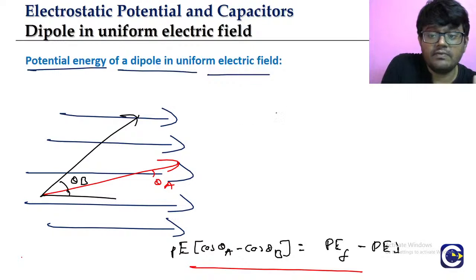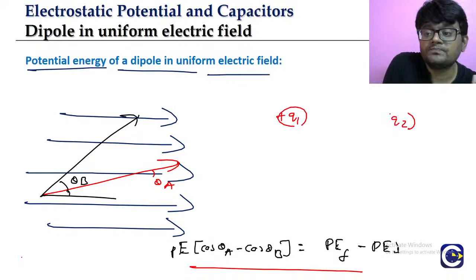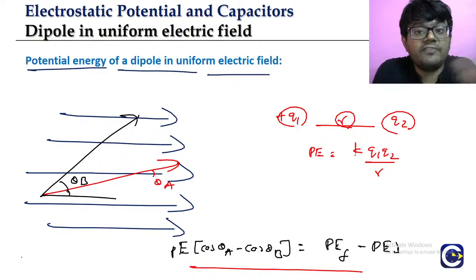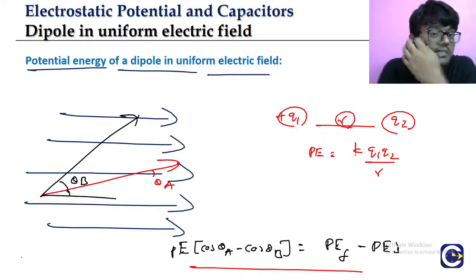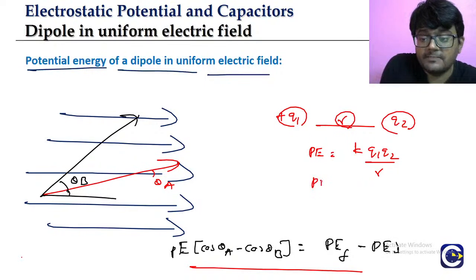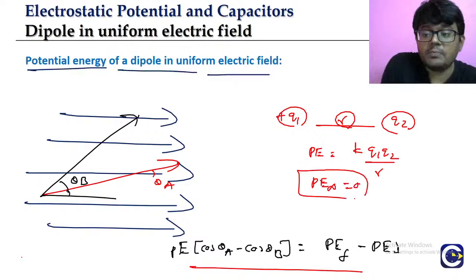Like when we talk about the potential energy of two charges q1 and q2, what is the formula for a pair of charges? kq1q2 by r. We have taken a reference: when the charges are infinitely separated, we take the potential energy as 0. That is the reference, right?